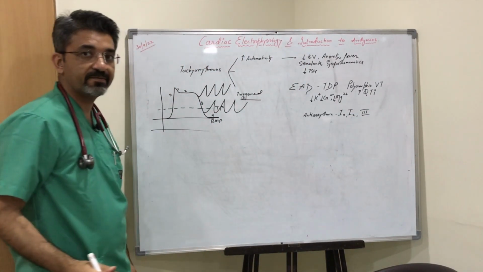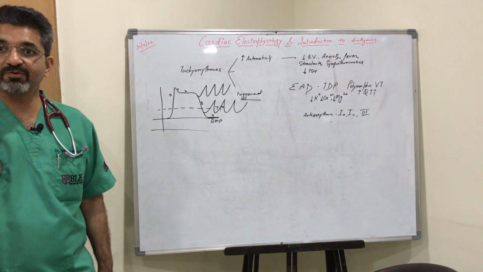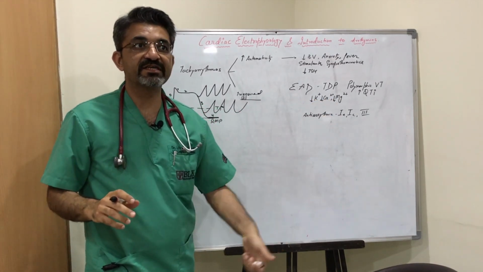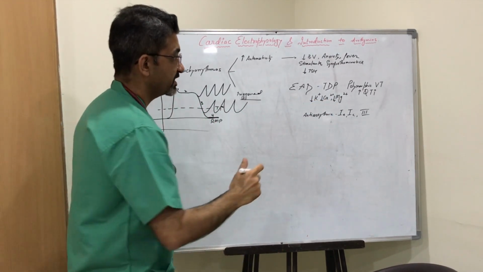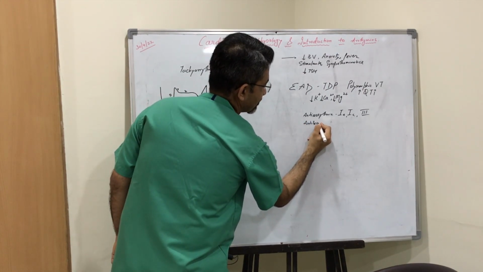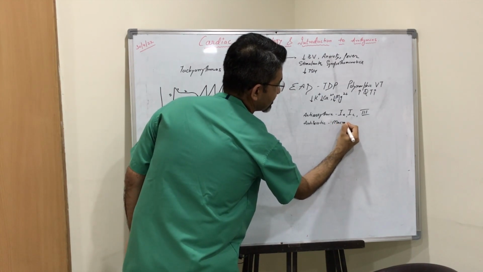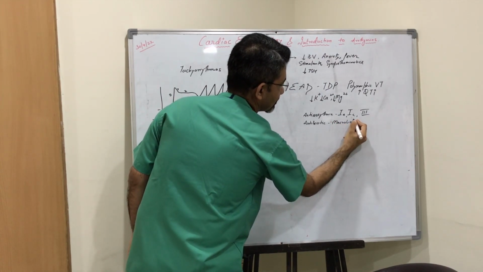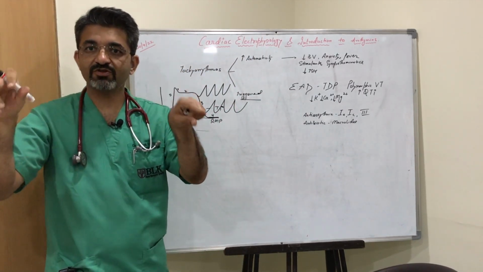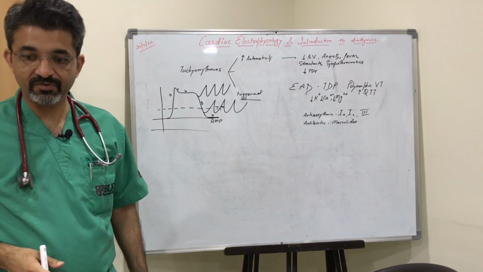Class 1A, 1C and 3 in a patient who has prolonged QT interval with low potassium can trigger TDP. Second, certain antibiotics such as macrolides. You must have heard of clarithromycin. Clarithromycin has a red box warning that it can precipitate polymorphic VT, right?